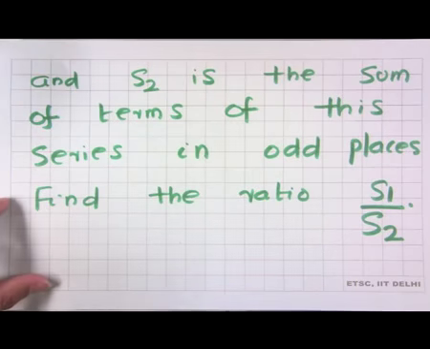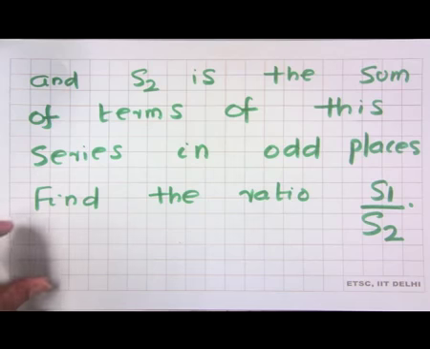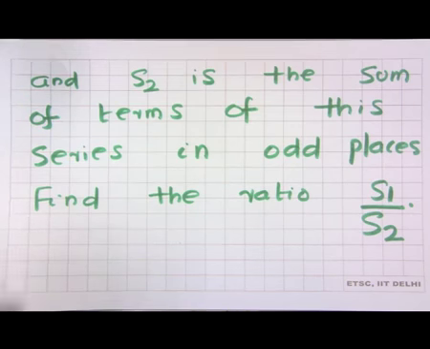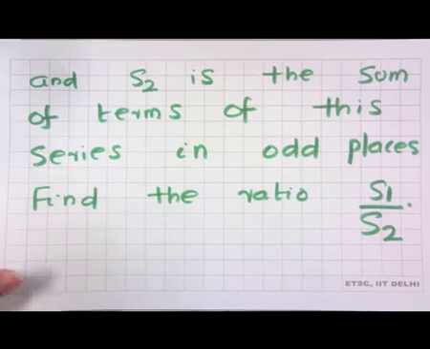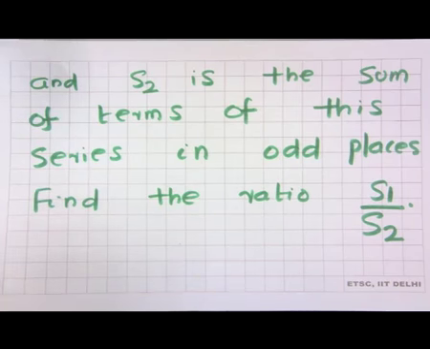S2 is given to be the sum of terms of this series occurring in odd places, that is, the sum of first few terms of this series in odd places.